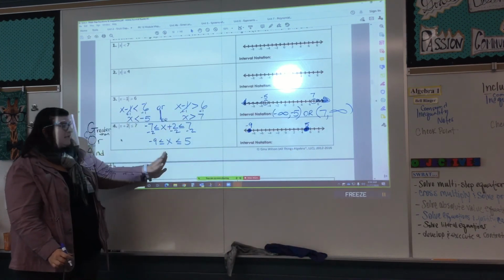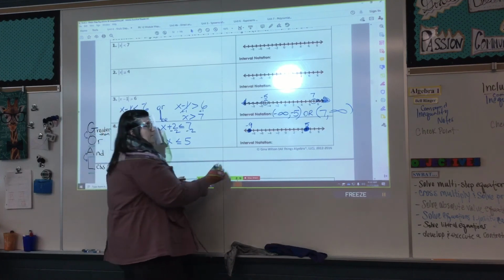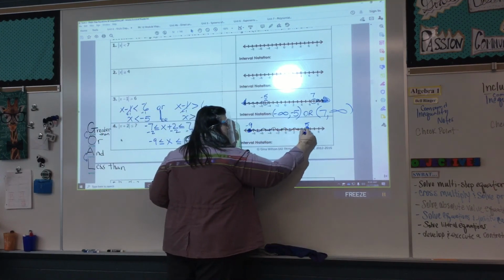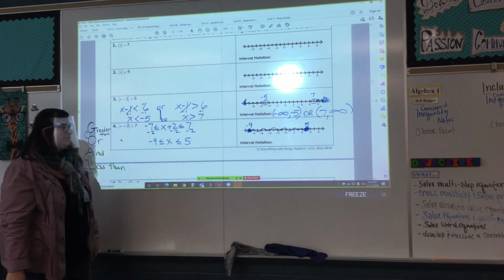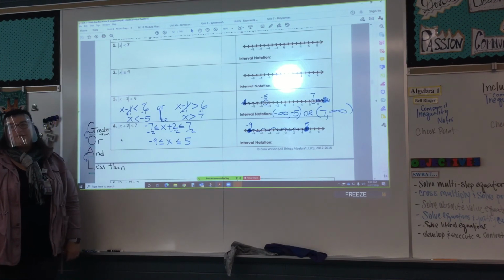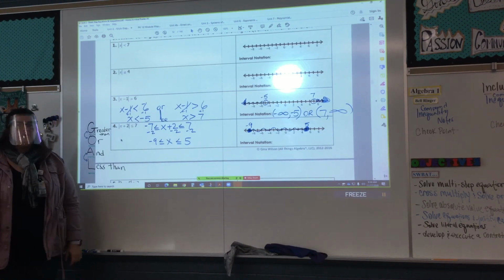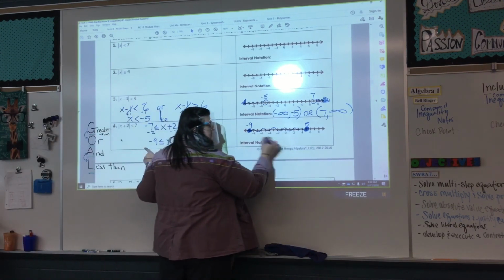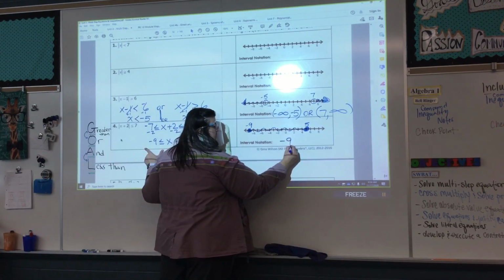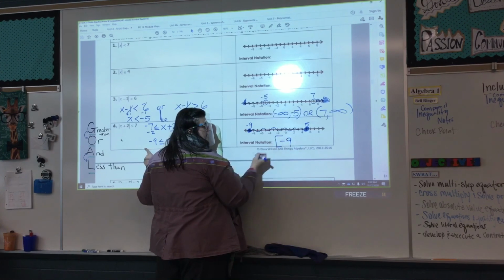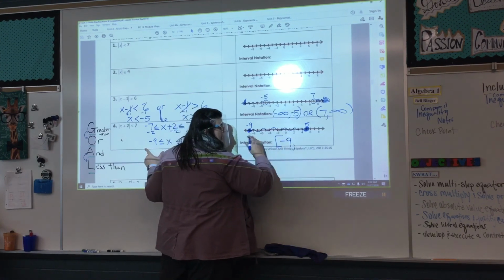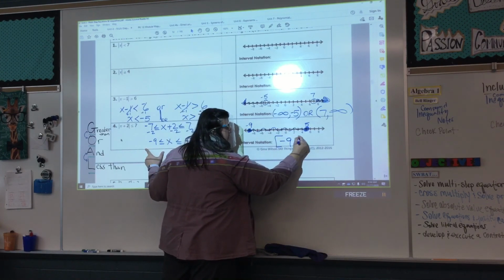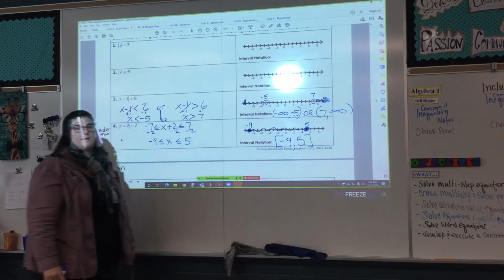My x is in the middle, so I shade in the middle. Last step, interval notation. I come across the graph, I stop at -9, closed dot is a bracket, I keep going, I stop at 5, closed dot is a bracket.